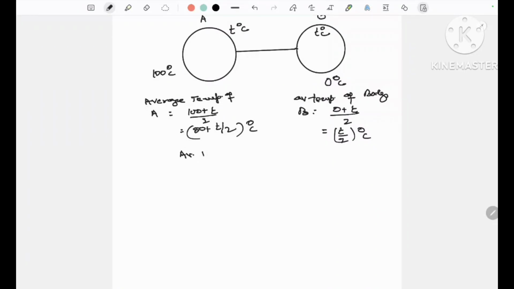Average temperature of A is greater than average temperature of B.